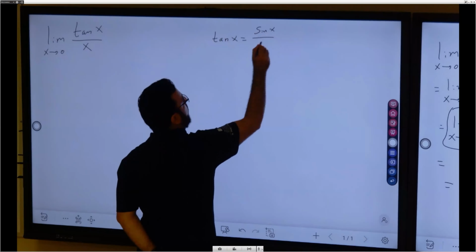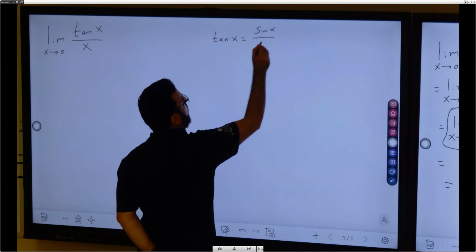Sine x divided by cosine x, now divided by x. So we multiply by 1 over x. Perfect. Because this is division, change it to multiplication by the reciprocal of the bottom part, which is 1 over x.